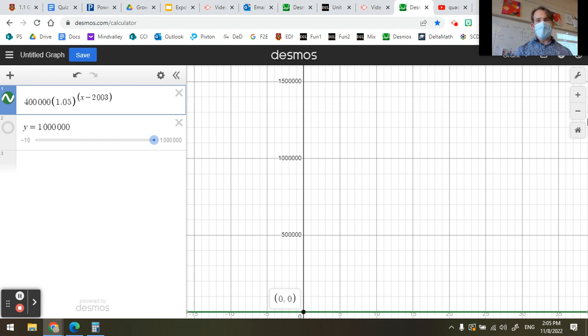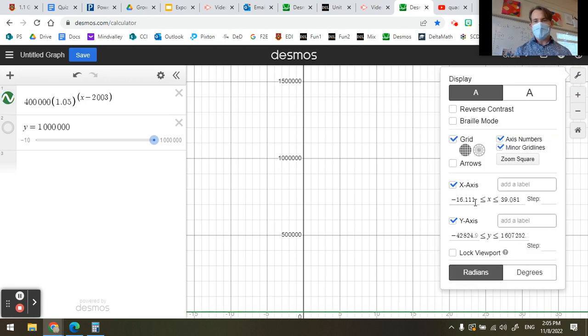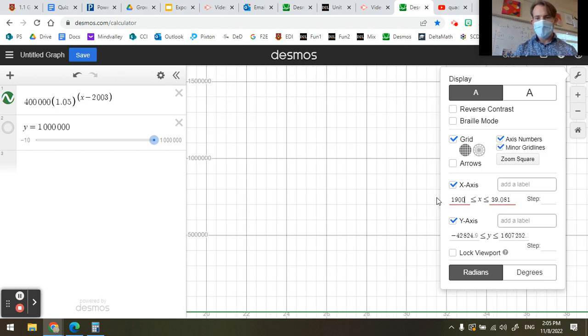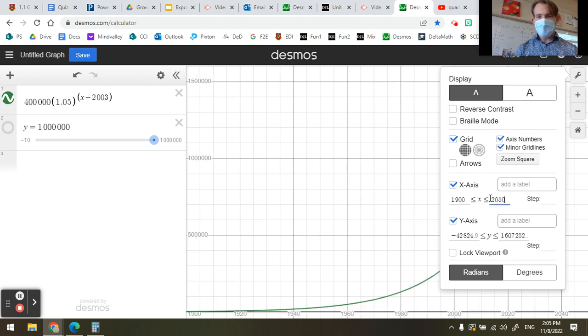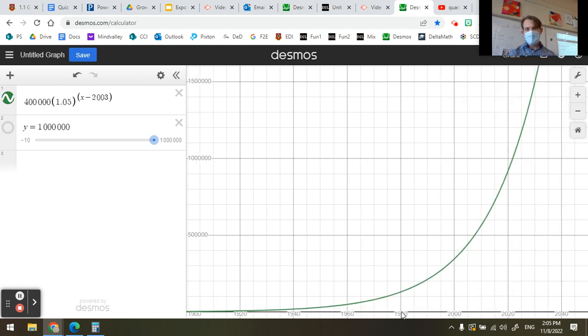But then, if I go over here and I show you things like, well, in the x-axis, I want to show you between the years 1900 and the years 2050, here's our population. Here's what the population was in 1900 for this city. It was only about 2,070.